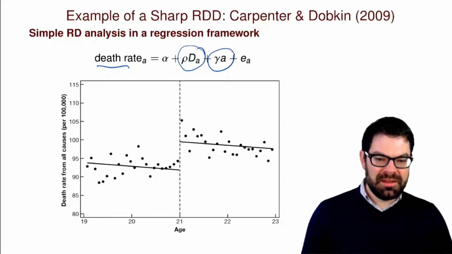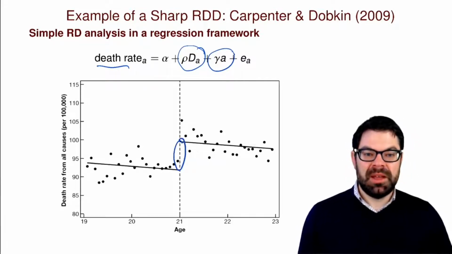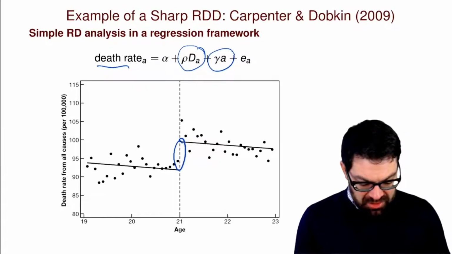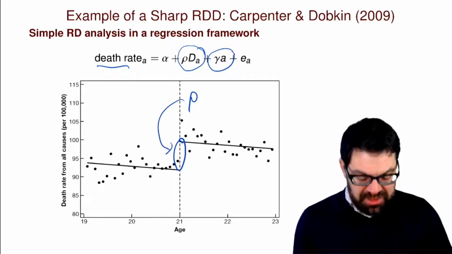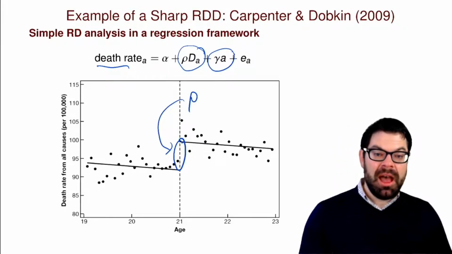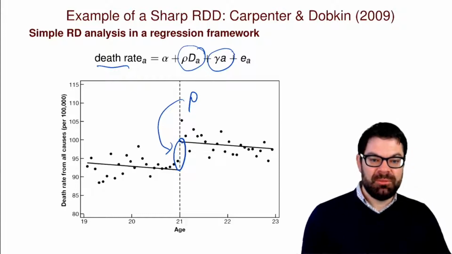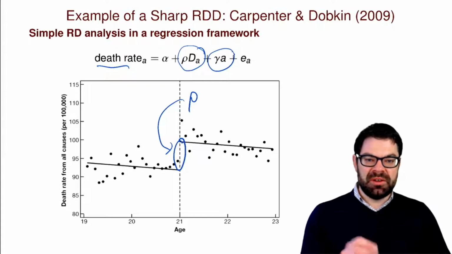Then we can clearly see that there is a jump here, and the parameter rho quantifies how big that jump is. That's in a nutshell how the regression discontinuity framework works when we actually do the inference based on a regression.